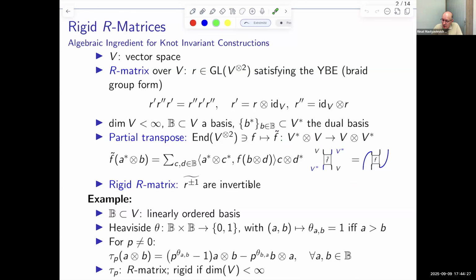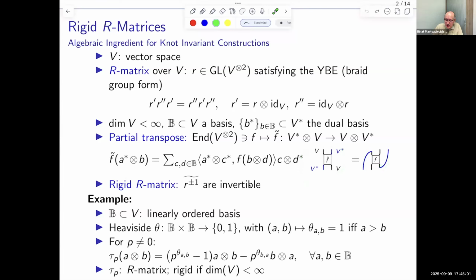If I think of F as a graph like this, with two legs below and two legs upwards, then the partial transpose is just turning around the left uppermost leg like this, and the right lowermost leg like this, and the result is a partial transpose.